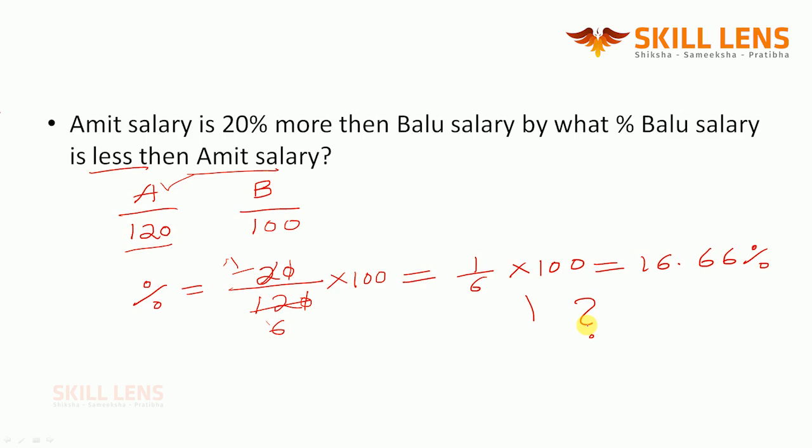So the moment you see 1 by 6, you have to recollect that the 1 by 6 value is 16.66 percent. Our next video begins here: how to convert percentage values to fractions and fraction values to percentages. Okay guys, thank you.